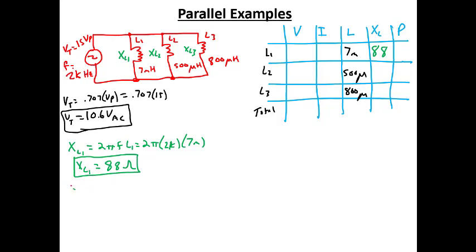All right, so next one, the inductive reactance for inductor 2 would be 2 pi F L2. So that's going to be 2 pi times 2k times 500 micro. Now I have to be careful, this micro is 10 to the negative 6. Let's punch that into our calculators: 2 times 3.14 times 2k times 500 micro.